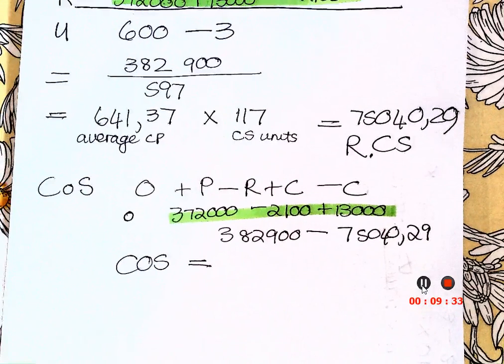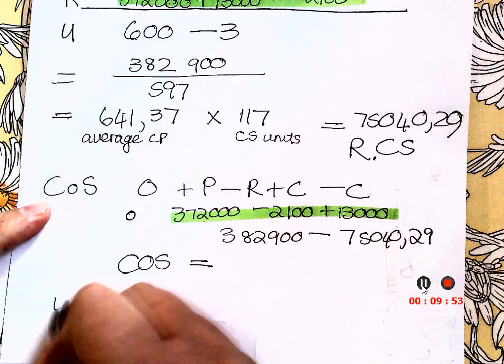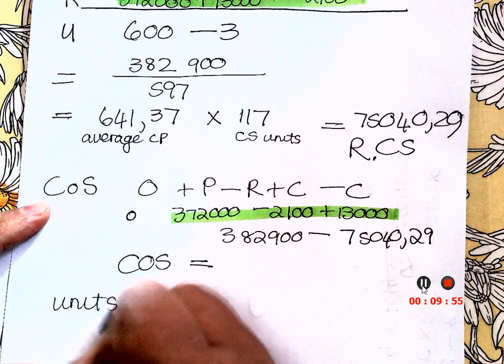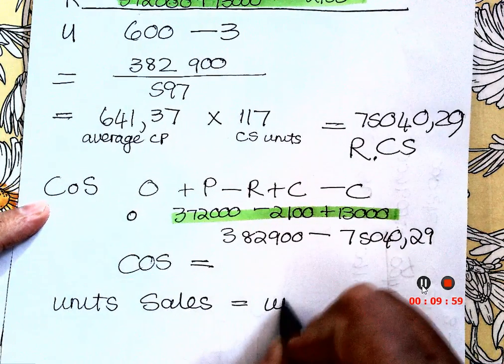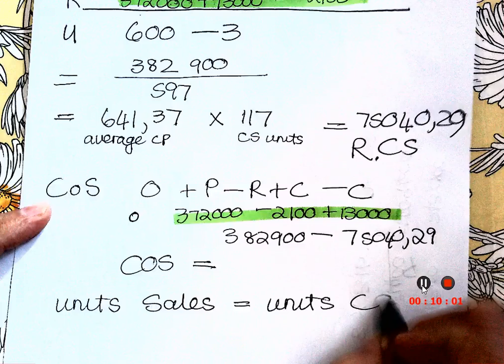Another method, you can think of another method to get the cost of sales with weighted average, and it's only with weighted average. You know what's a weird thought is that the units for sales is equal to the units for cost of sales.